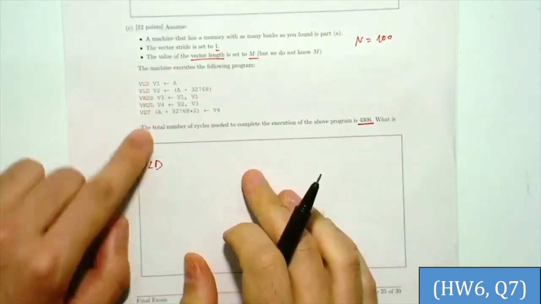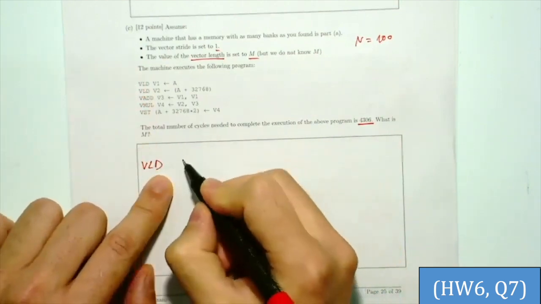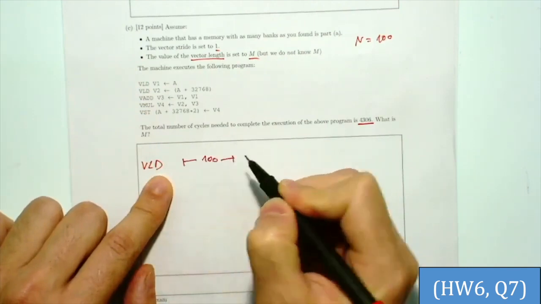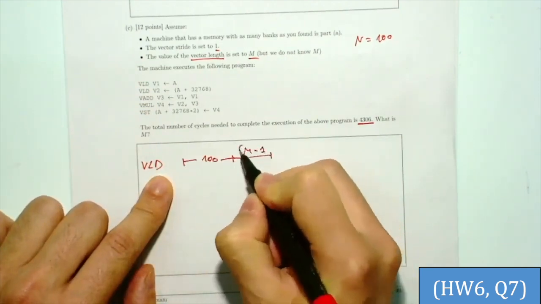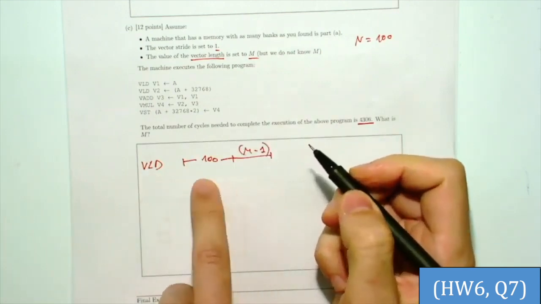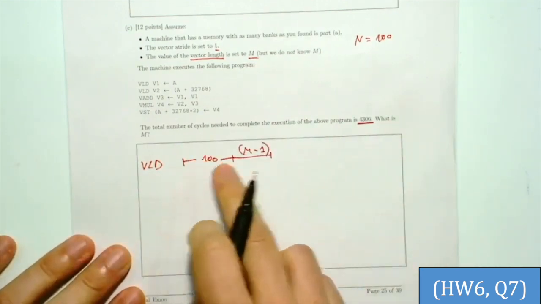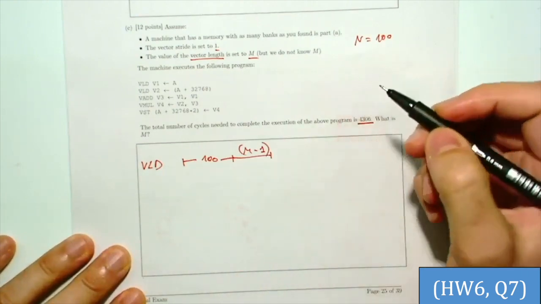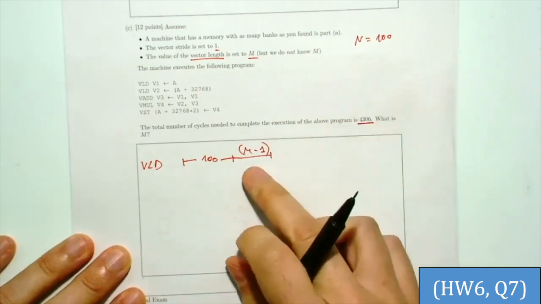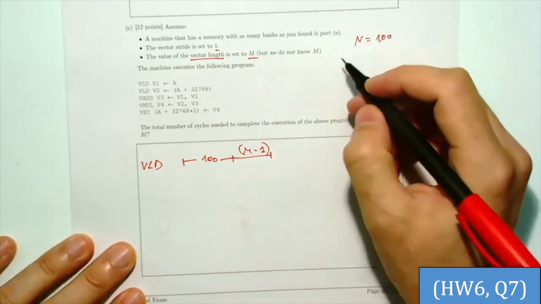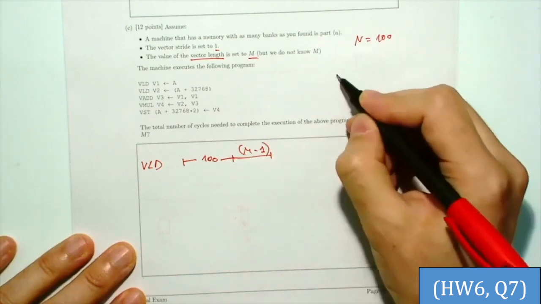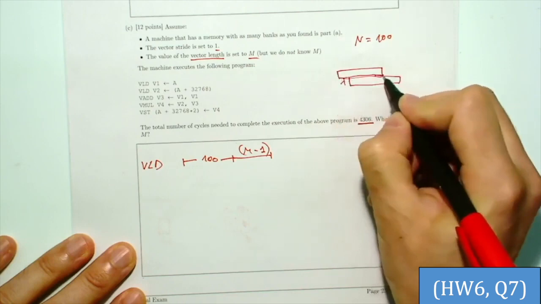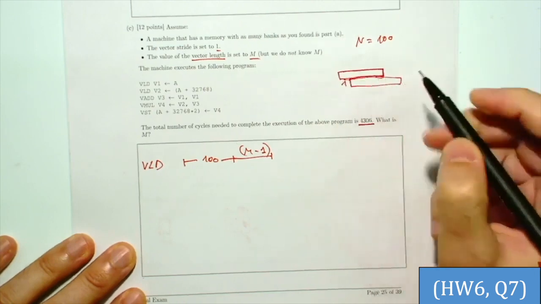The first load will take 100 plus n minus 1. Why is this the latency? We can start one new load every cycle, right?